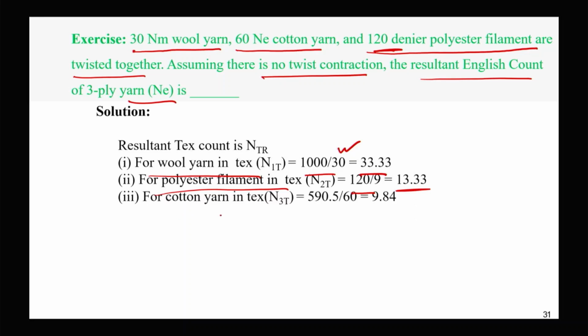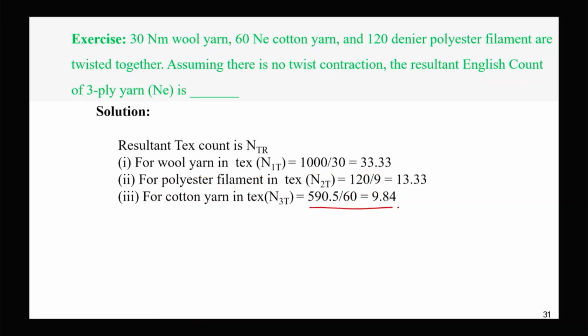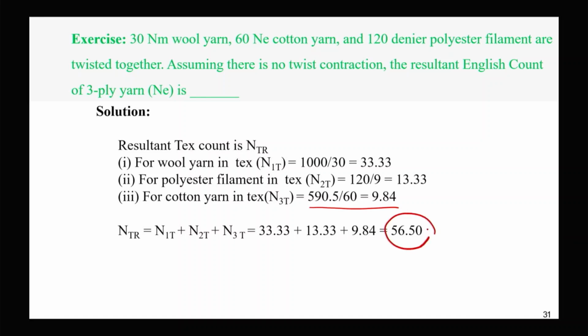For cotton yarn, it becomes 590.5 divided by 60, for the 60 Ne cotton yarn, and then we simply add, it becomes 56.50. This is in tex.